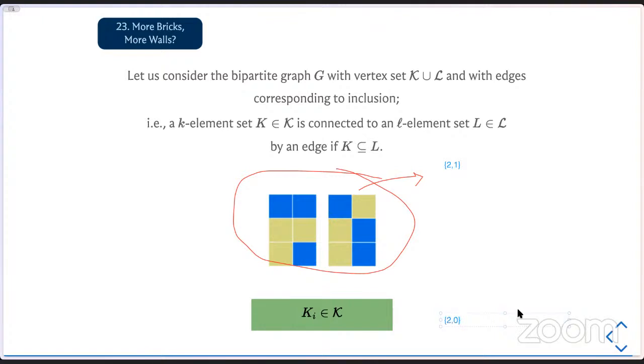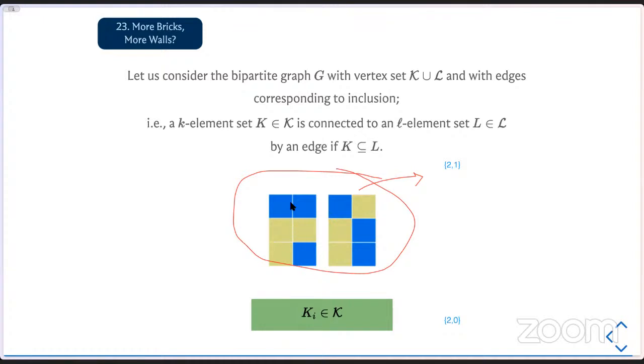Now basically, for the adjacencies here, if you look at the representative, the only way to go from a 2-1 to a 2-0 would be to knock out the one brick in the column that has just the one brick.